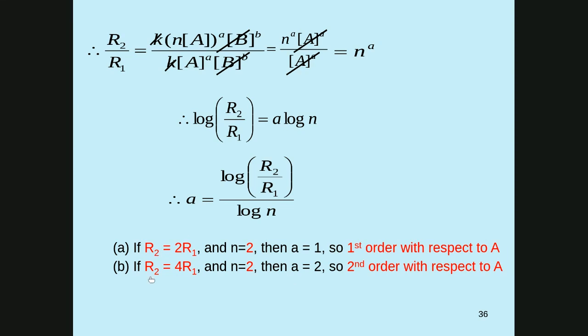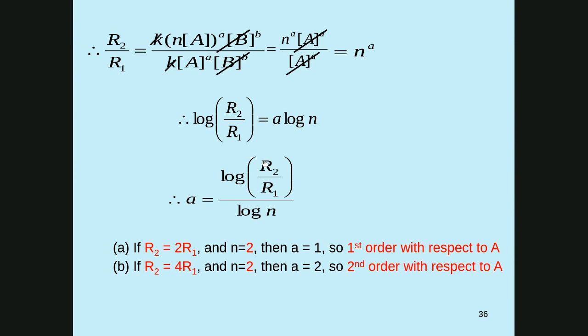If, on the other hand, upon doubling the concentration of A, so n equals 2 again, you find that the initial rate quadruples, so R2 equals 4 times R1, to find the order with respect to A you use this formula. You substitute for R2 4 times R1.